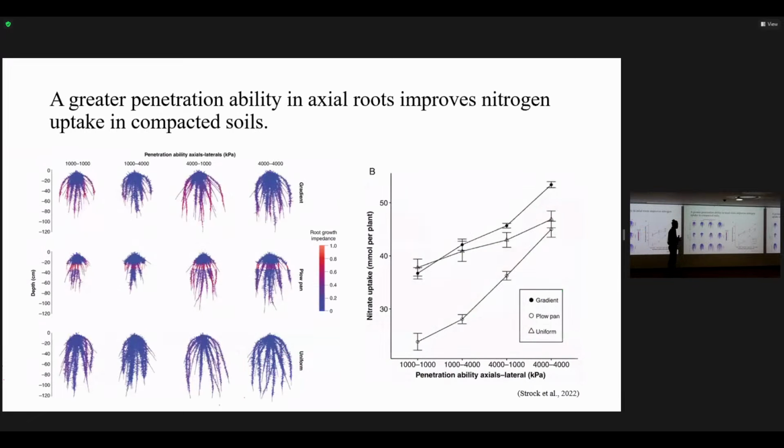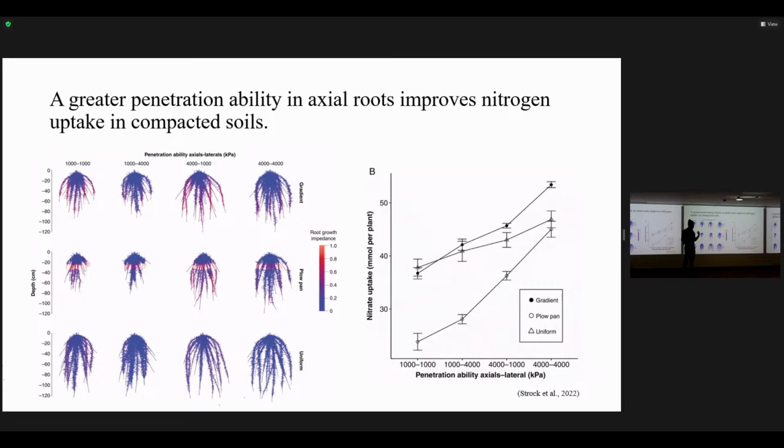And just adding more evidence to this idea, this is a work that was published in 2022 that tested the effect of an increase in the penetration ability of roots in soils that are compacted and also low in nitrogen, which is a scenario in Tehuacan Valley, right?